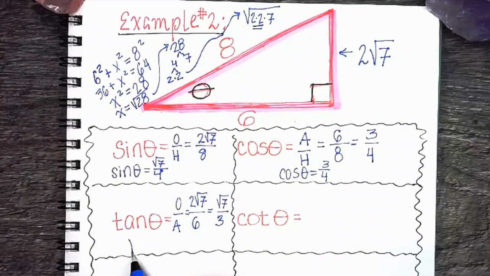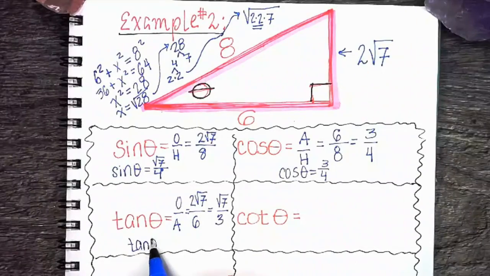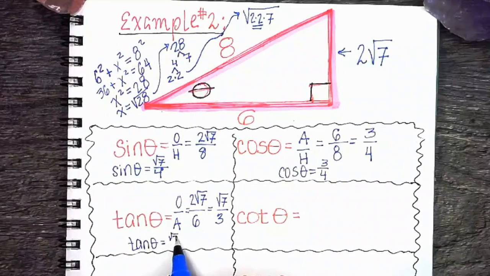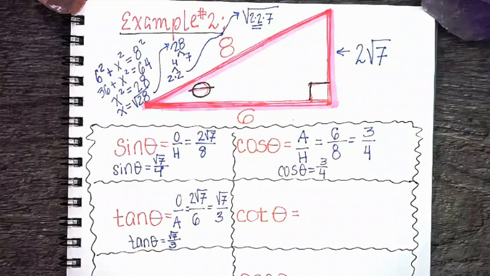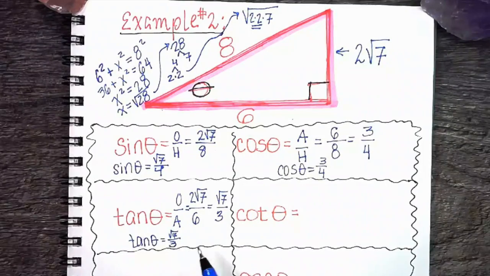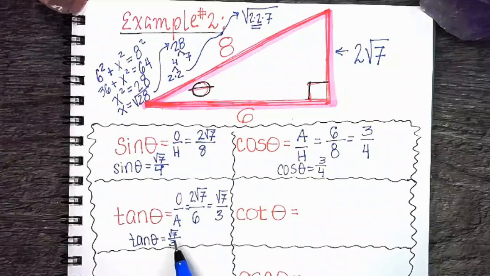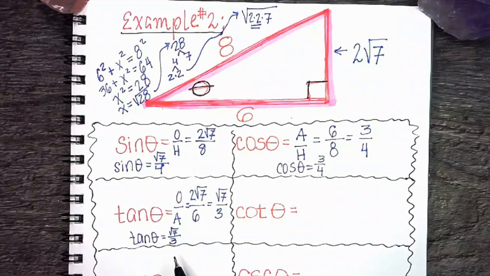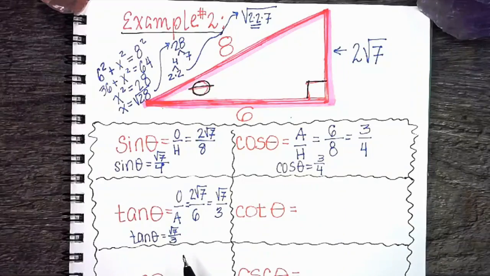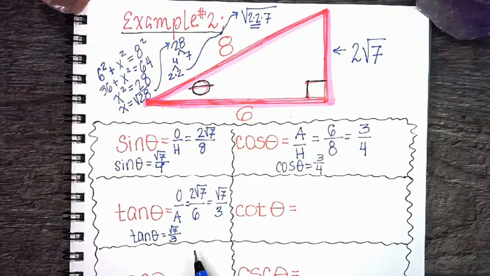So our final answer will be tangent of theta equals the square root of 7 over 3. Another thing I would definitely recommend is don't write your fractions slanted on a diagonal. I would definitely say that would not be in your best interest.